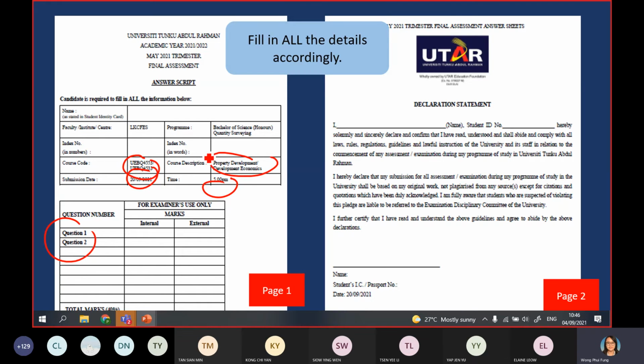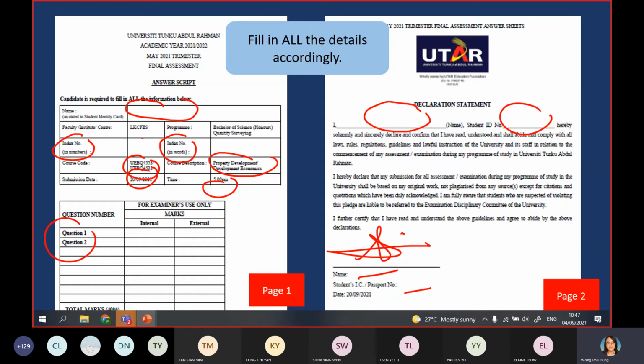Okay, as I say, all the kings, all the queens, please fill in your name, your index number in numbers, index number in words. This index number, you can get it from your UTA portal. I think at week 14, you can get it already. Then page 2, your name, your ID, sign please, and fill in all the details.